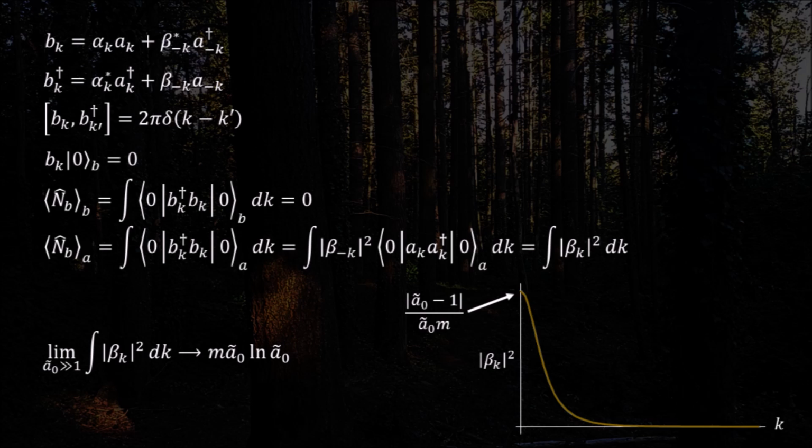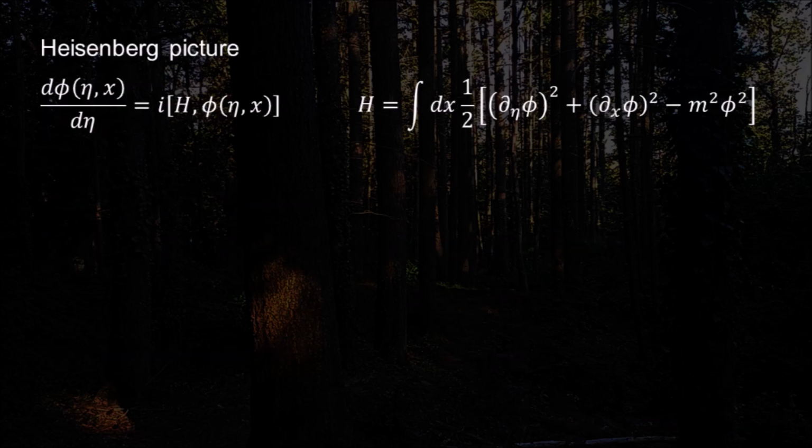Now, you might be asking, why did we choose to take the expectation of this number operator using the A vacuum? Wouldn't the observers living in the new metric observe the new vacuum, the B vacuum? The answer is no. And the reason is very simple. Whether you realized it or not, we have been working in the Heisenberg picture the whole time.